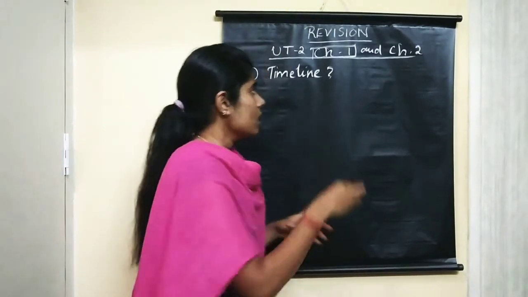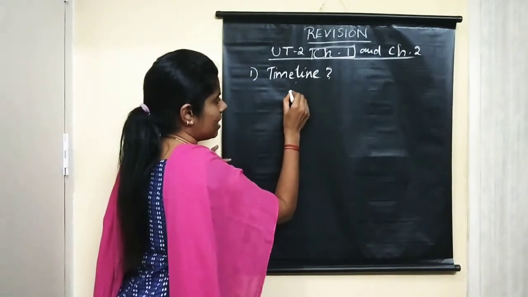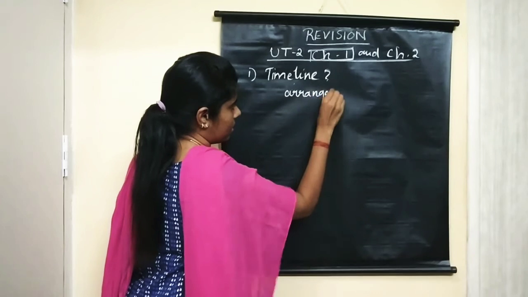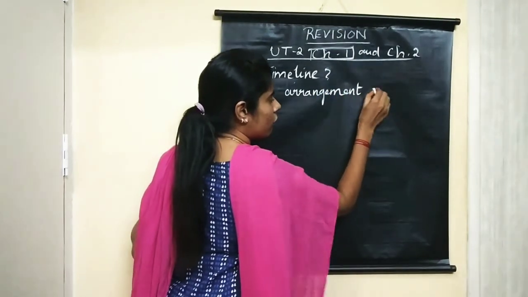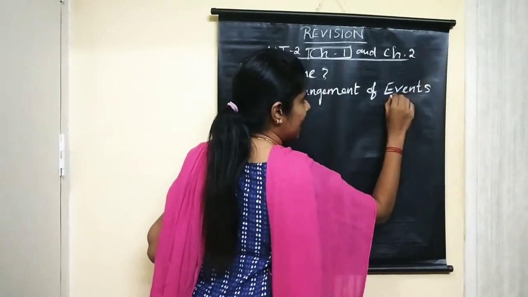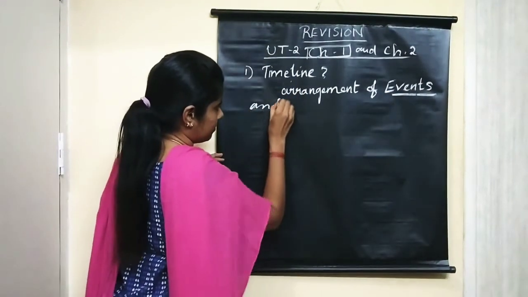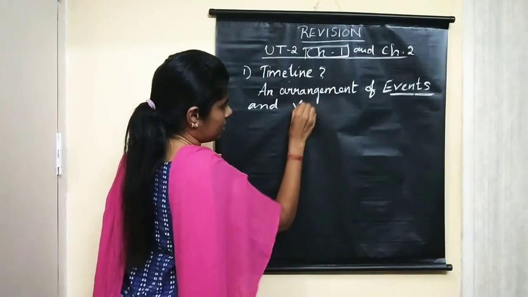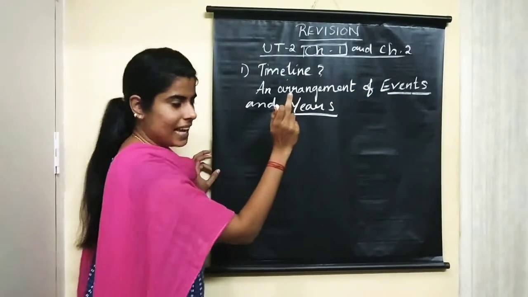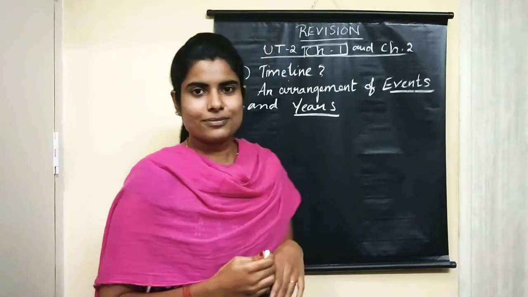Okay? So timeline is the arrangement of events and years. Timeline is arrangement of events and years. Okay children? Yes.